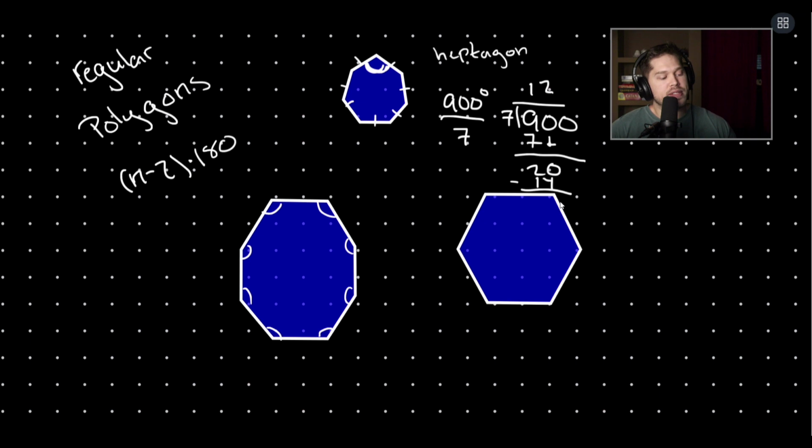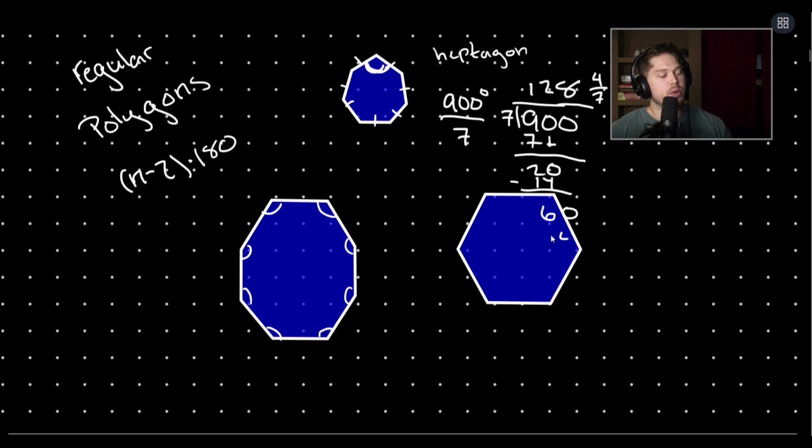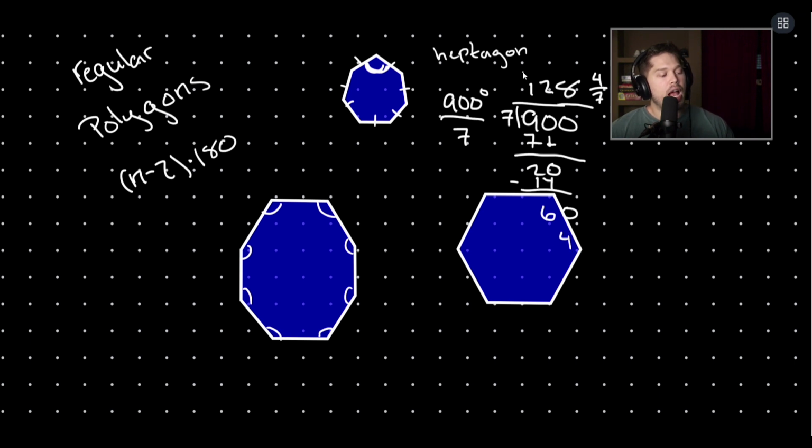When you subtract, we have 6 left over. Bring down your 0. 7 goes into 60 8 times. And then we have a remainder of 4. So let's just have a remainder. So our answer is 128 and 4/7 whenever it comes to what is the angle measurement of just one of the angles for our heptagon.